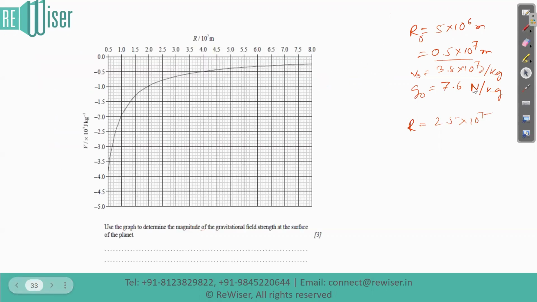Now, let us ignore the fact that there is air resistance. In this case, we can imagine this system to be a conservative system. In a conservative system, the total energy change, del KE plus del PE, is equal to 0.